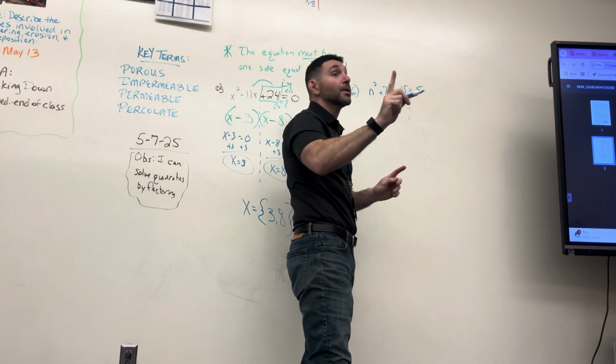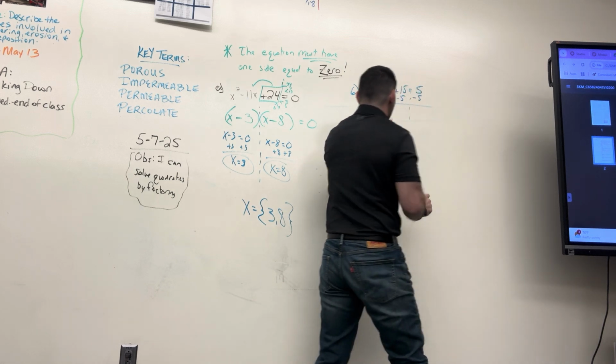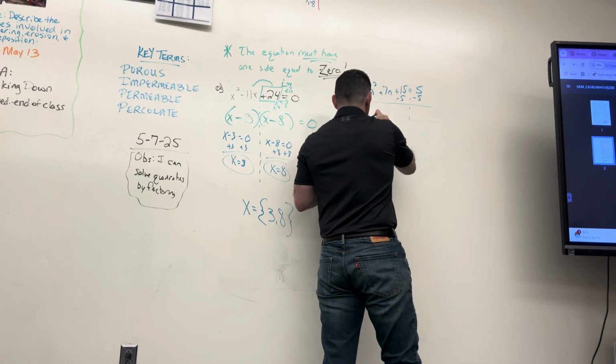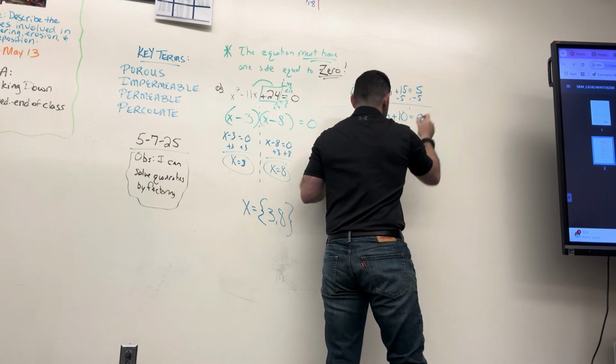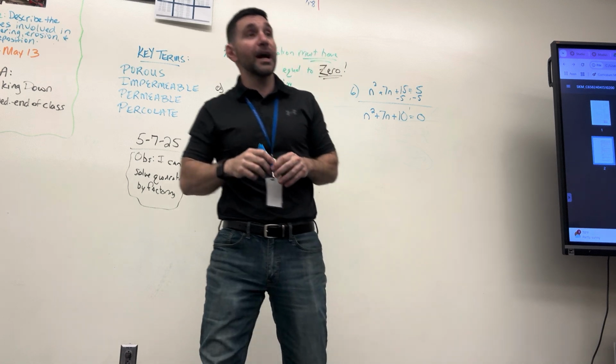Subtract, not add. So I'm going to subtract 5 from both sides. And it has to go with its like term, which is 15. So now I rewrite: n squared plus 7n plus 15 minus 5 is 10 equals 0. Finish this off. So now you are factoring on your own.